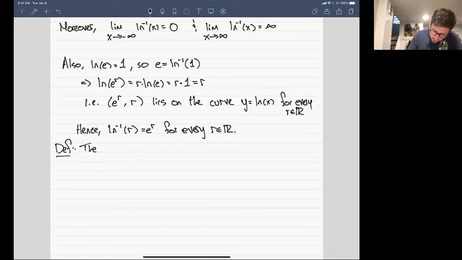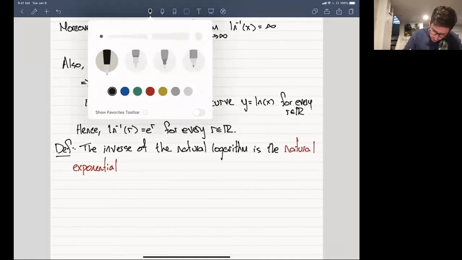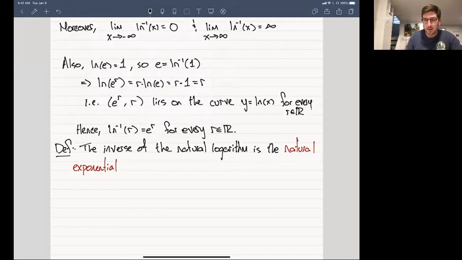The inverse of the natural logarithm is the natural exponential, e to the x.